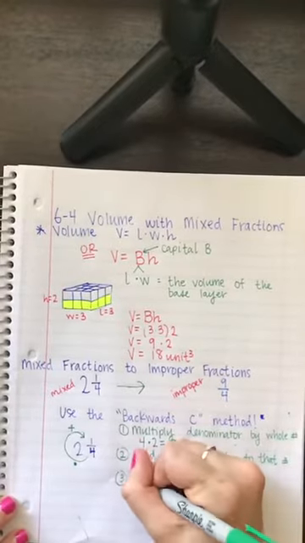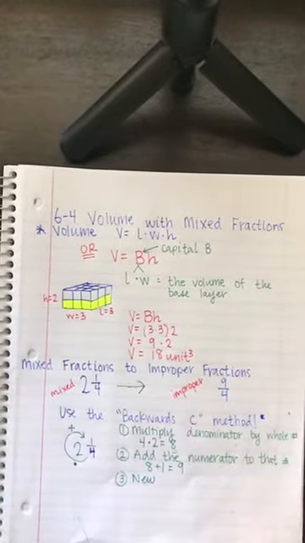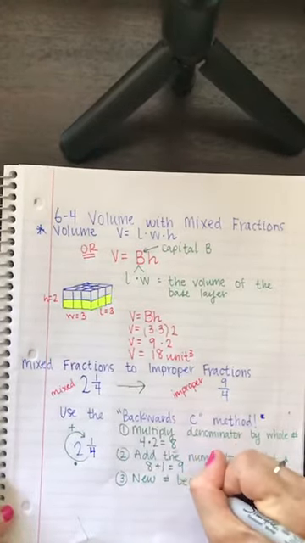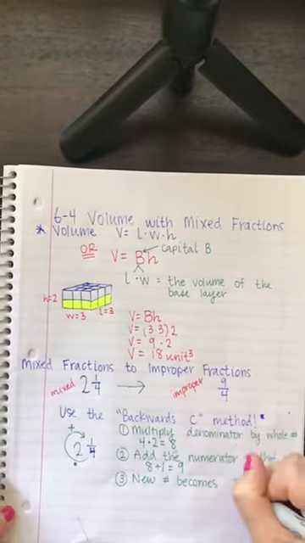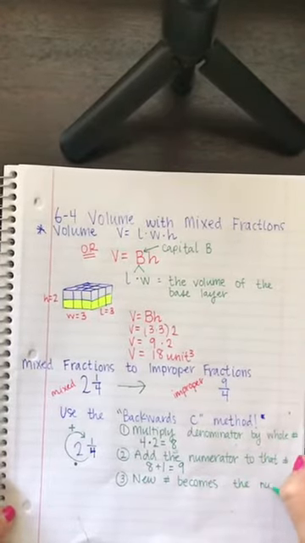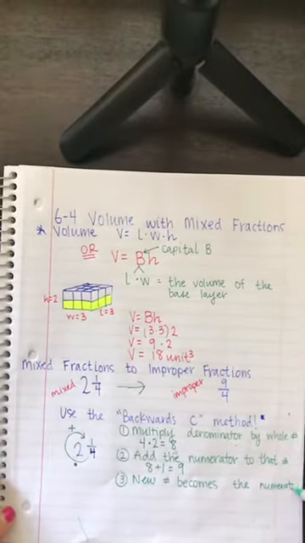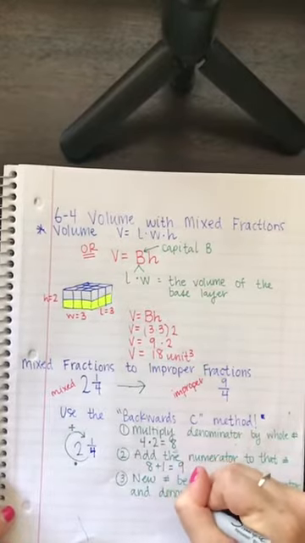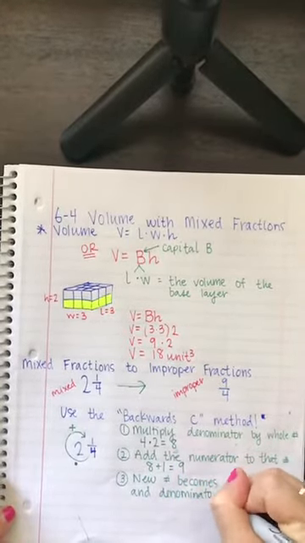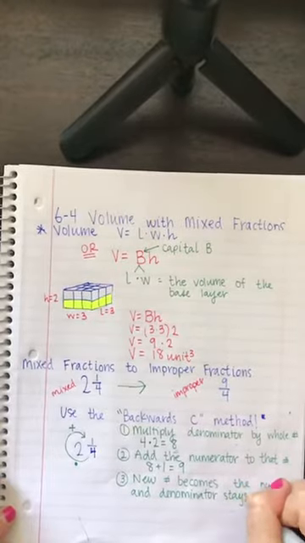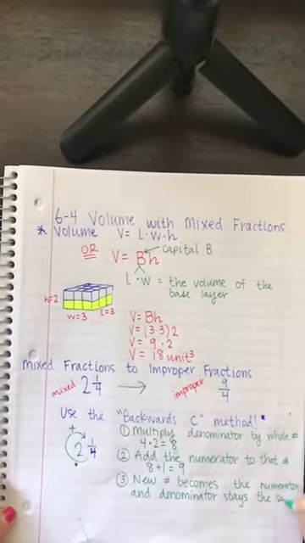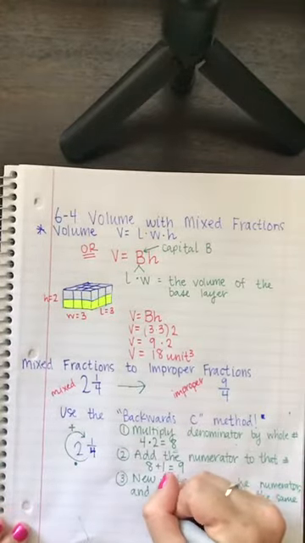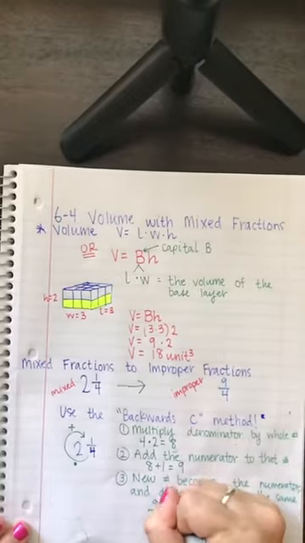And now that new number becomes the numerator and the denominator stays the same. So this new number that I came up with by multiplying and adding becomes the numerator, and my denominator stays as 4.